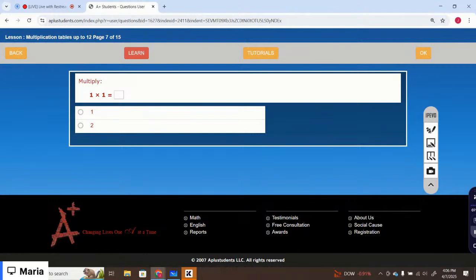One times one. 1 times 1 is 1. Option number 1 is the correct option. 2 times 4 is 8. Option number 2 is the correct option.